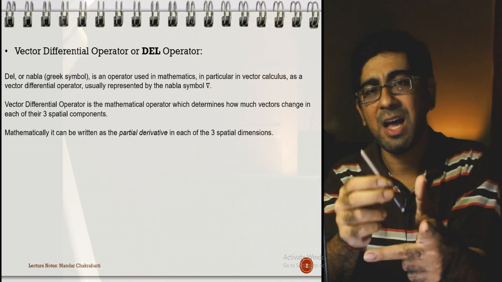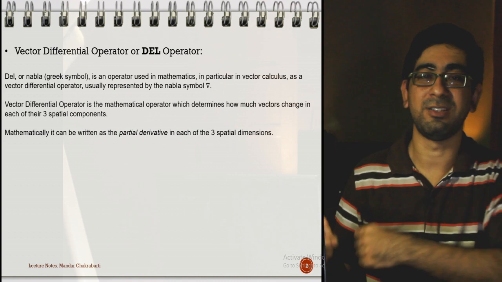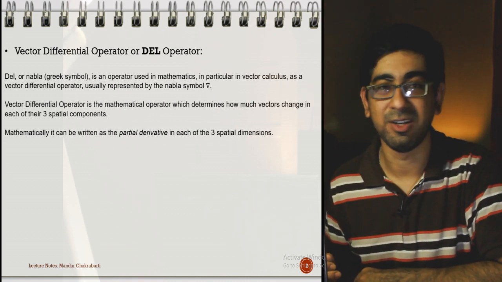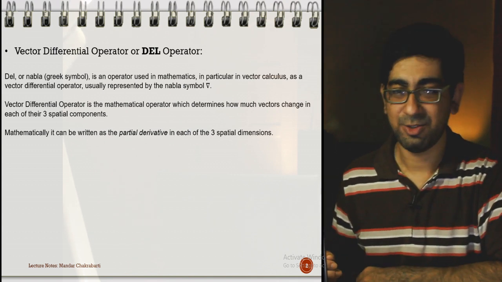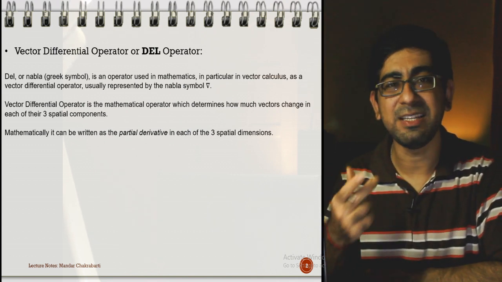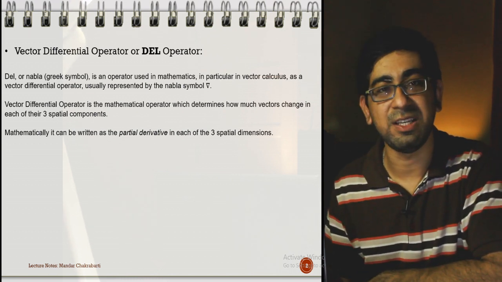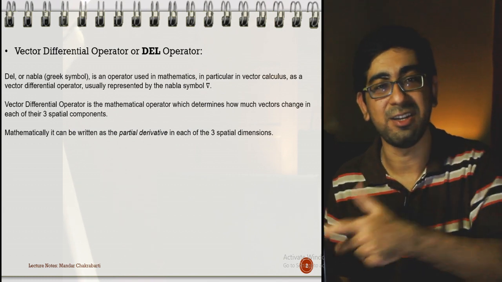So just how much these changes are, that is what this inverted triangle or this vector differential operator tells us. That is what it is all about. So it is essentially the partial derivative of the vector function in the three primary directions.